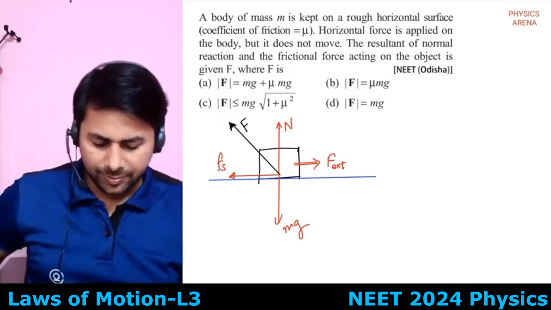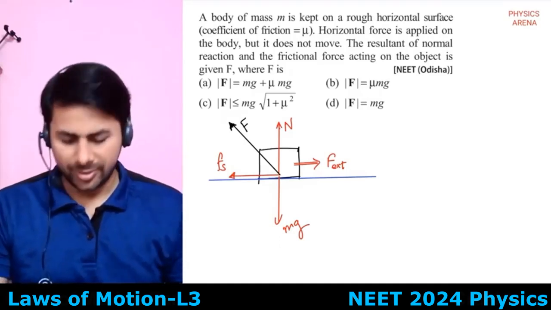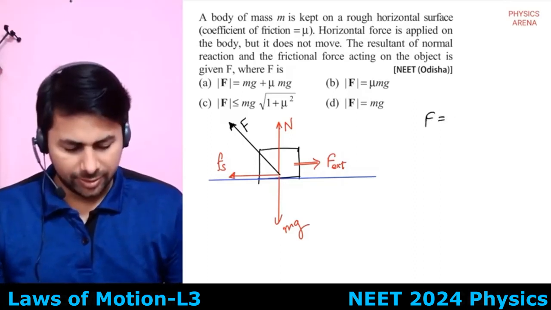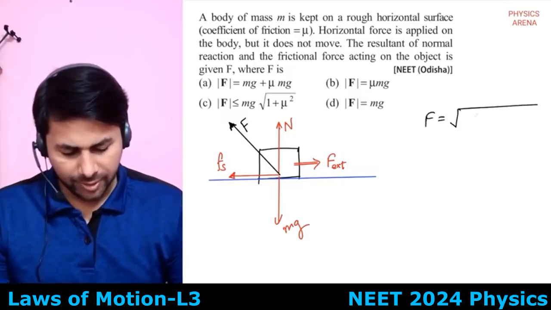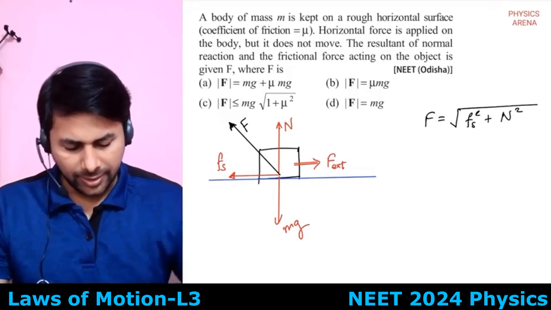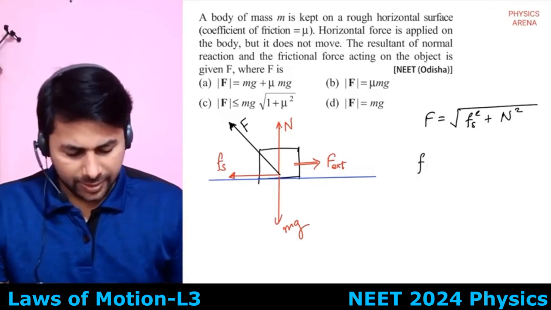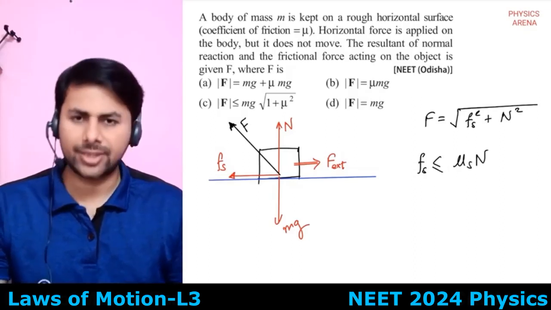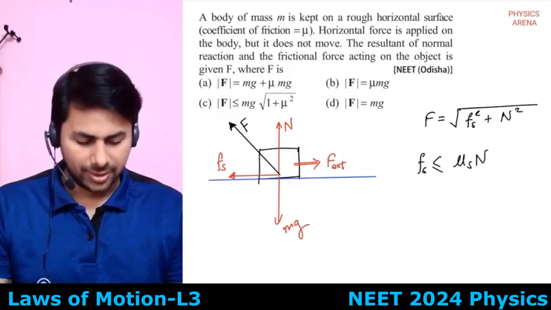So now it is simple. What will be F? F is equal to the square root of Fs square plus normal reaction square. And Fs is less than or equal to mu s multiplied by normal reaction, right?